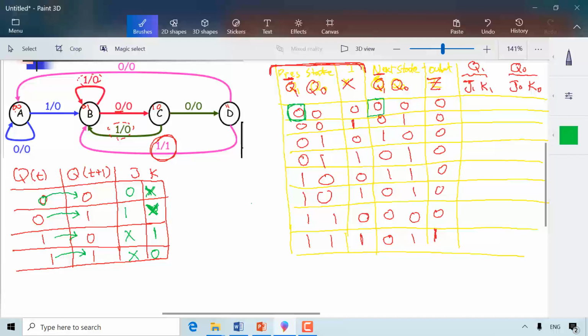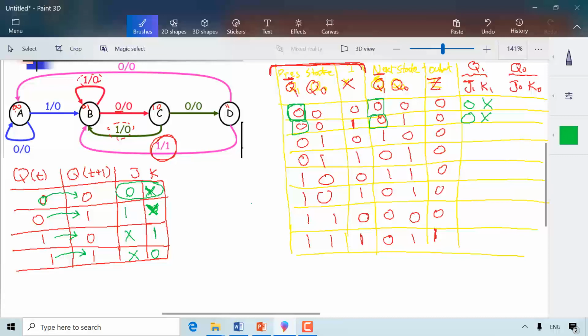So I go back to the table: 0 0 means the JK should be 0x. Now let's look at the next pattern. Q1 is a 0 and the next is a 0. Same thing, JK should be 0x.